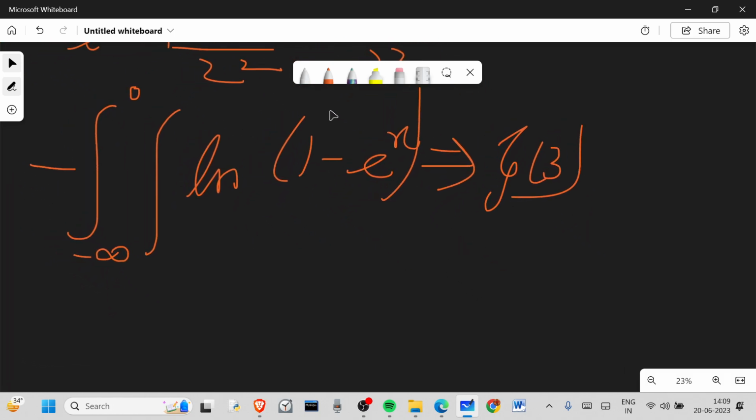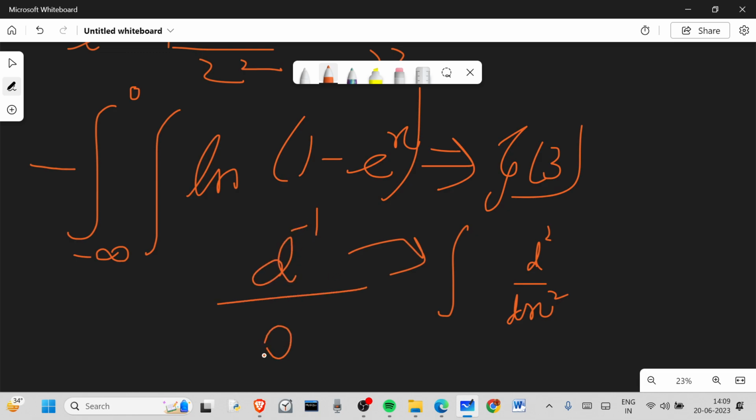So for generalizing it, basically we can write integral as d square by dx square for second derivative. So it's often said it's negative derivative, like d to the power minus 1 by dx to the power minus 1.